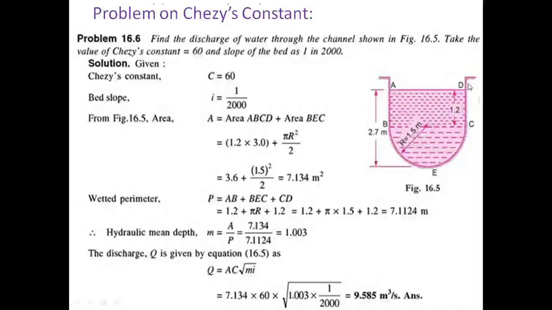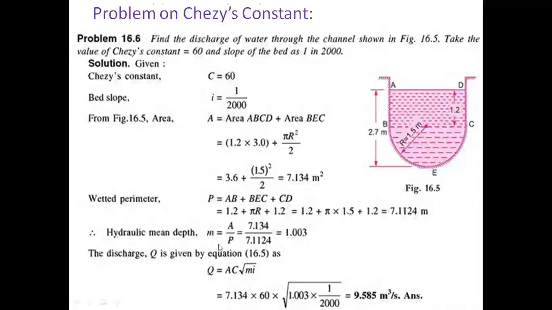CD is equal to AB, both the same, 1.2. So 1.2 plus pi into r, the radius of the semicircle, 1.5 as given, plus 1.2. The total value is 7.1124 meters. The wetted perimeter value is 7.1124 meters.